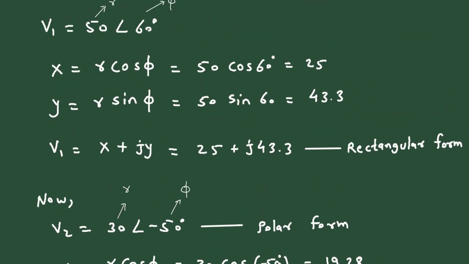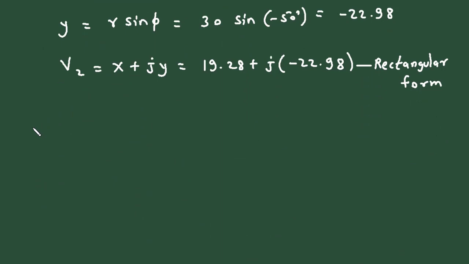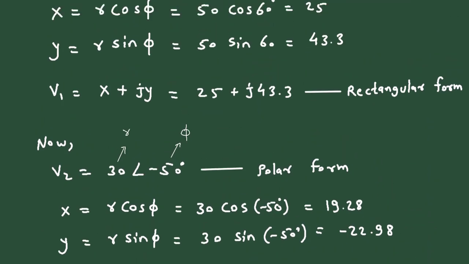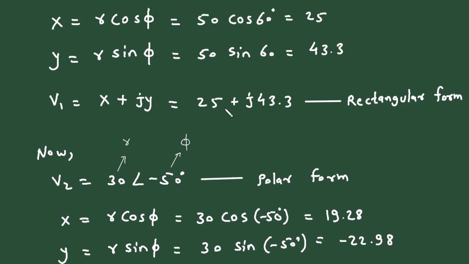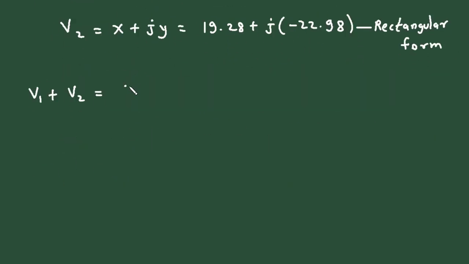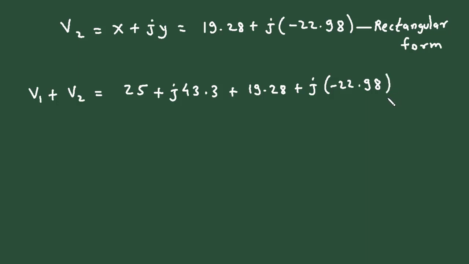Now we can add V1 and V2. So therefore, V1 plus V2 is equal to, the value of V1 is 25 plus j43.3, and the value of V2 is 19.28 plus j minus 22.98.